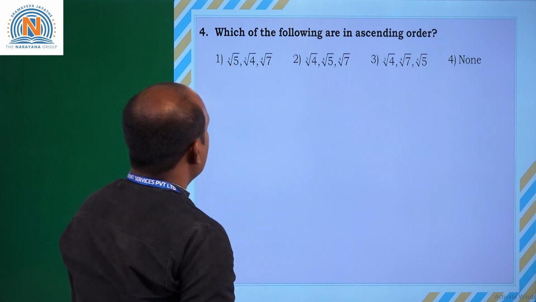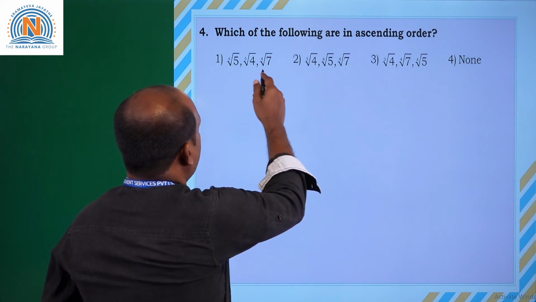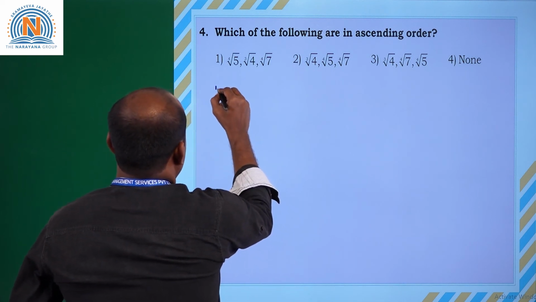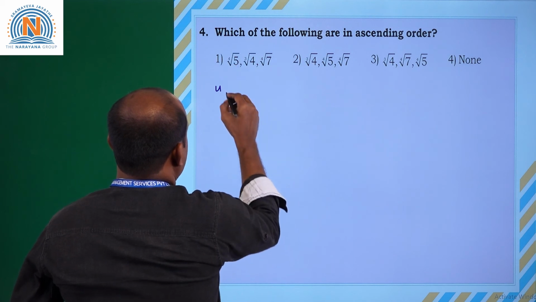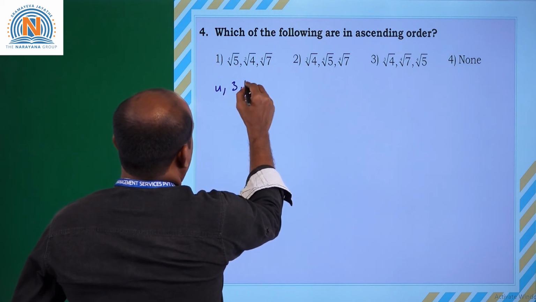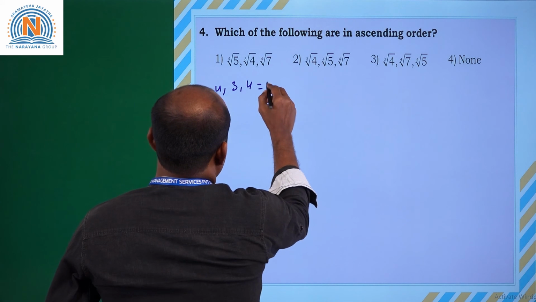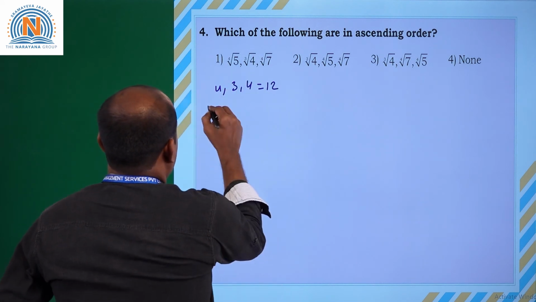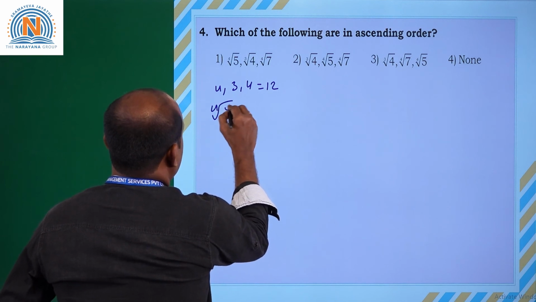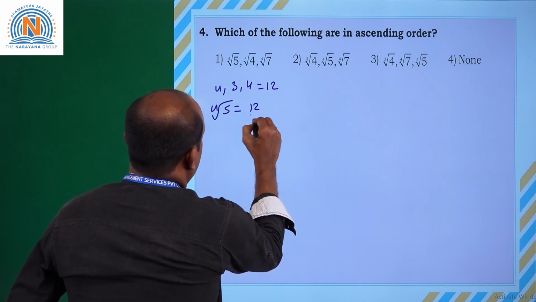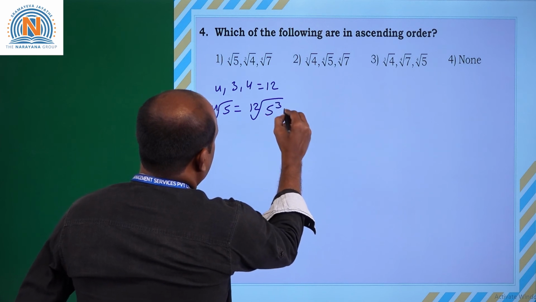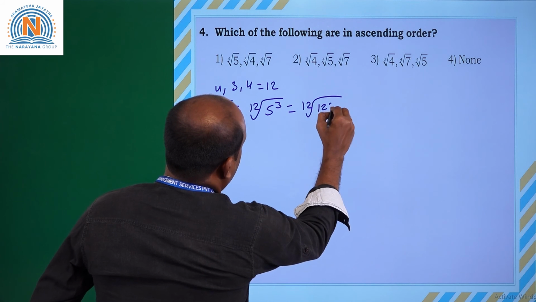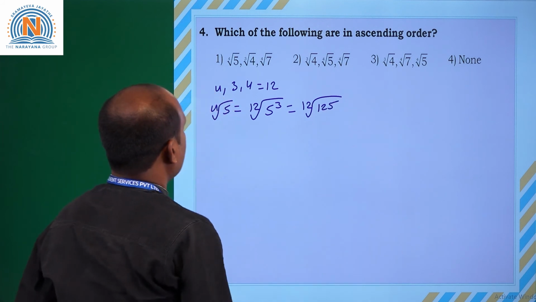Here we have 4th root of 5, cube root of 4, 4th root of 7. Here the order of this surd is 4, this one is 3 and the last one is 4. So LCM is 12. You convert all these surds to order 12. So 4th root of 5 is equal to 12th root of 5 cube, that is equal to 12th root of 125.